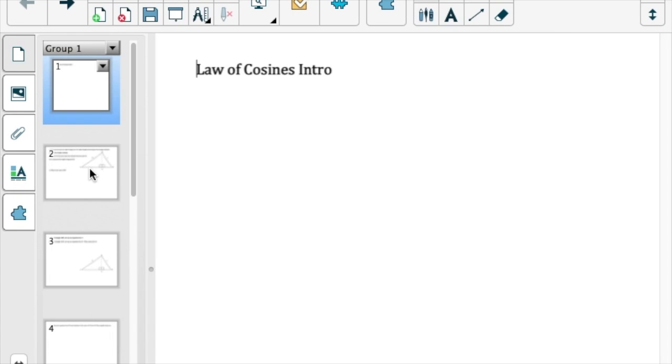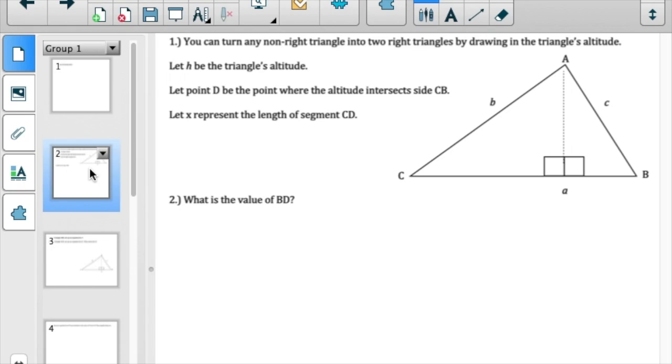So on your white piece of paper for the law of cosines intro, remember, we can turn any non-right triangle into two right triangles by drawing in the triangle's altitude. That's the height. Let h be the triangle's altitude, so add h to your image there.